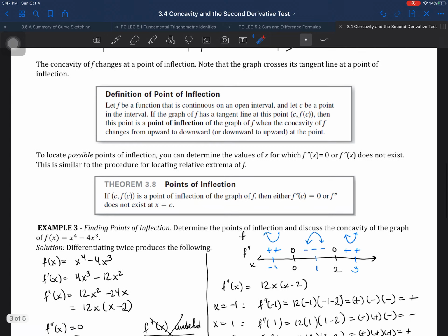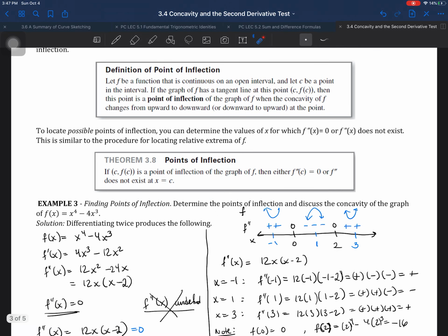All right, so the definition is: let f be a function that is continuous in an open interval, and let c be a point on the interval. If the graph of f has a tangent line at this point, then this point is a point of inflection of the graph of f when the concavity of f changes from upward to downward or downward to upward at that point.